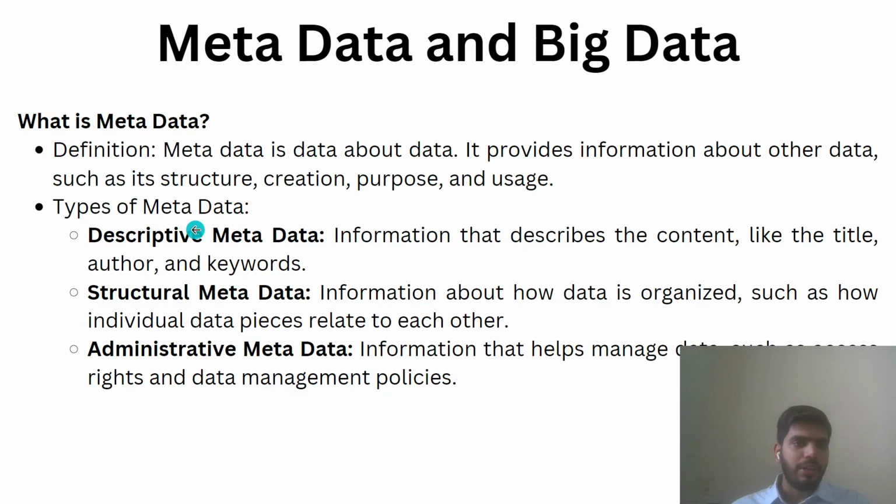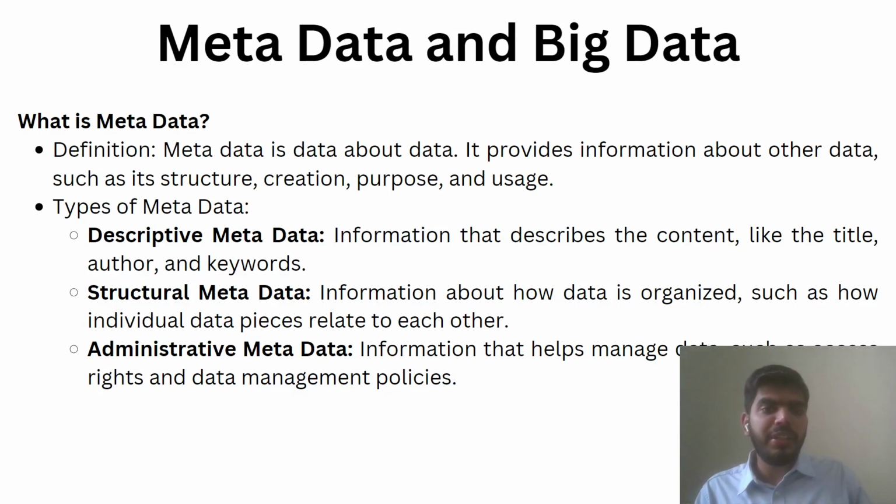Now there are three types of metadata: descriptive metadata, structural metadata, and administrative metadata. Descriptive metadata is information that describes the content, like the title, author, and keywords. Let's suppose I have a book. That book would have a lot of data, a lot of pages.